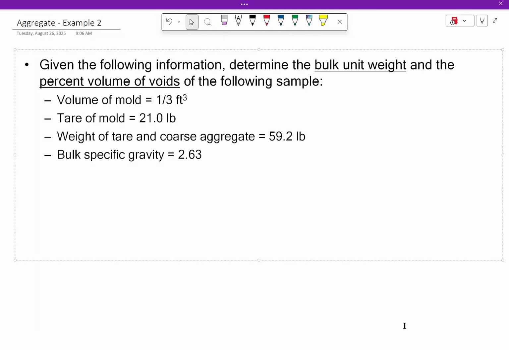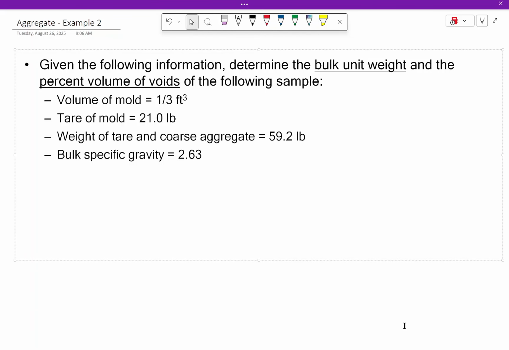So we're going to have the volume of a mold and the tare of a mold. Does anybody know what I mean when I say the tare of a mold? A good example of that is this right here. We have a box, right? That box is filled with coal. We weigh the box, we get a number.